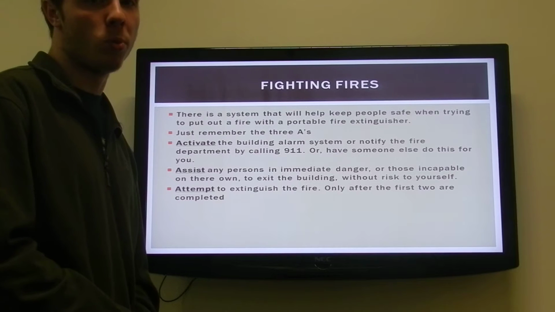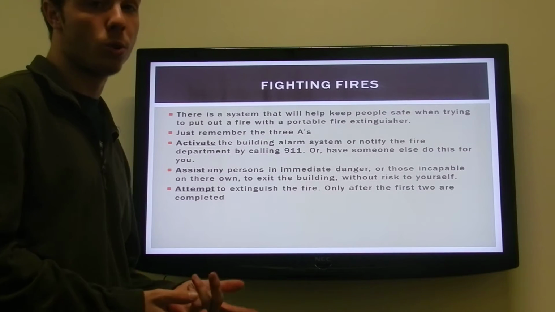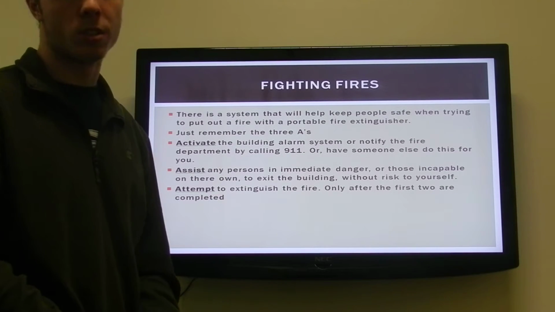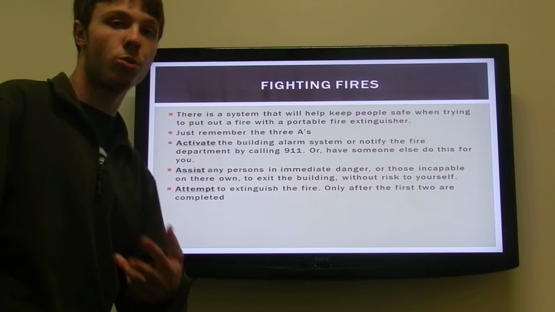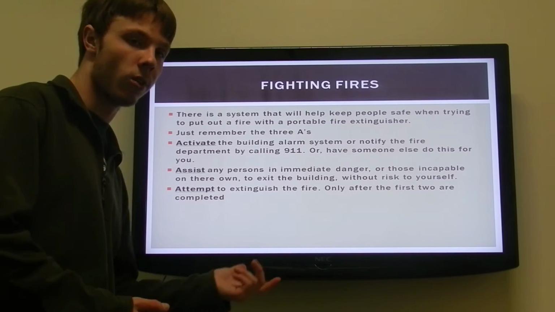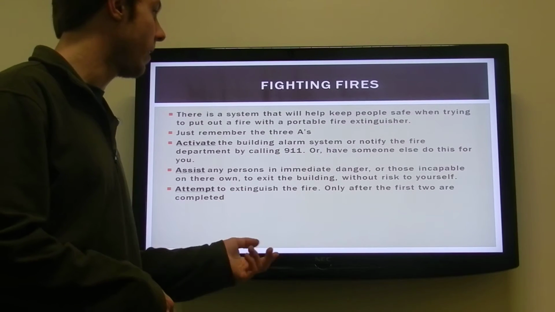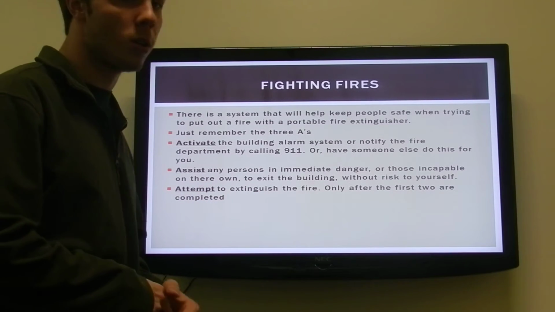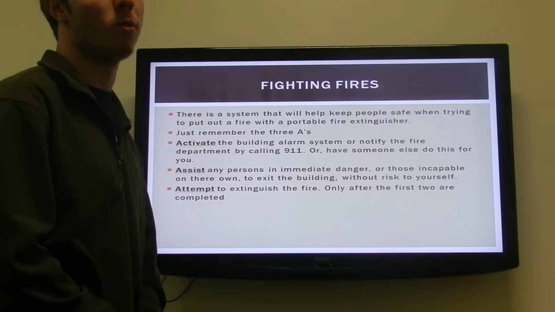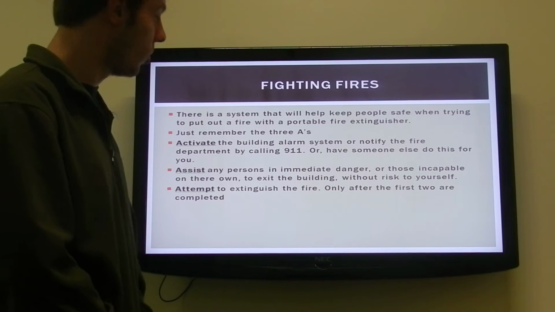Assist anyone who is in immediate danger or incapable of helping themselves, without putting yourself at risk. And then after those first two things are done, you can attempt to extinguish the fire. Only after those two, because you need to make sure that everyone's safe, and that people know about the fire in case you can't put it out, so the professionals or firefighters know there's a fire and can do their job.